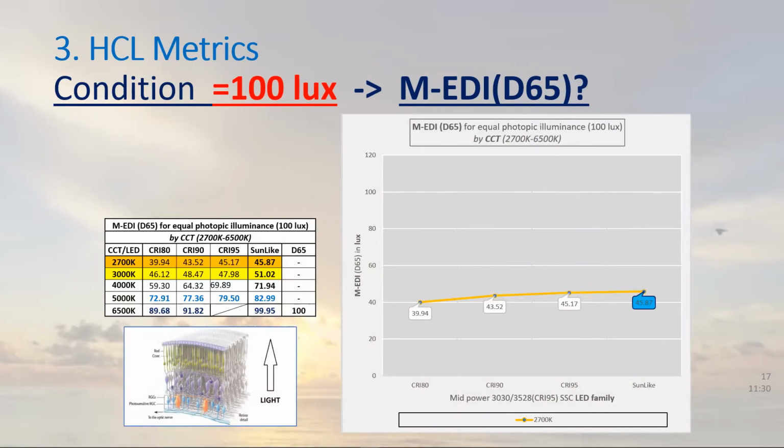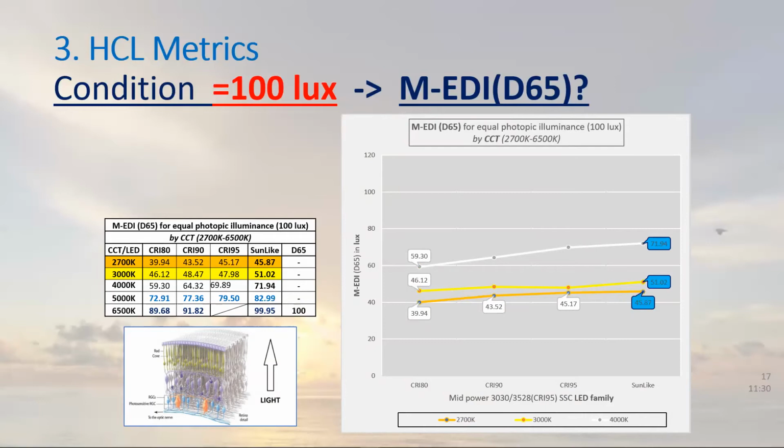So if we go into 2,700, we see that for CRI 80, we get a melanopic of 39.94. We increase with 90, we increase with CRI 95, and with the full spectrum, we go to 45.87. This is what happens with 3,000, and we can see something similar. In 4,000, this increase is even bigger.